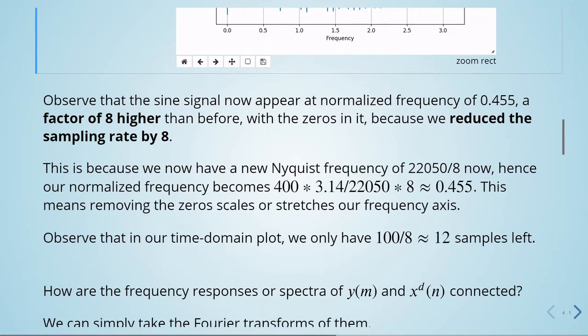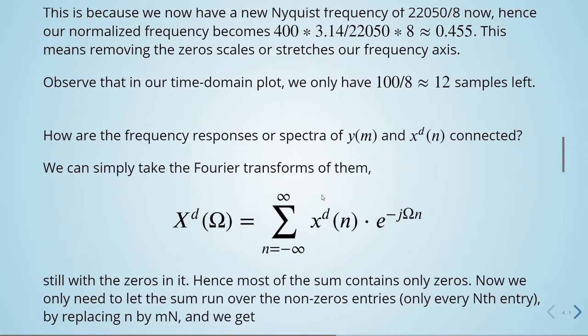By changing the sampling rate by 8, we also have a new Nyquist frequency. This means that removing the zeros scales or stretches our frequency axis, and we need to adapt to calculate the normalized frequency.